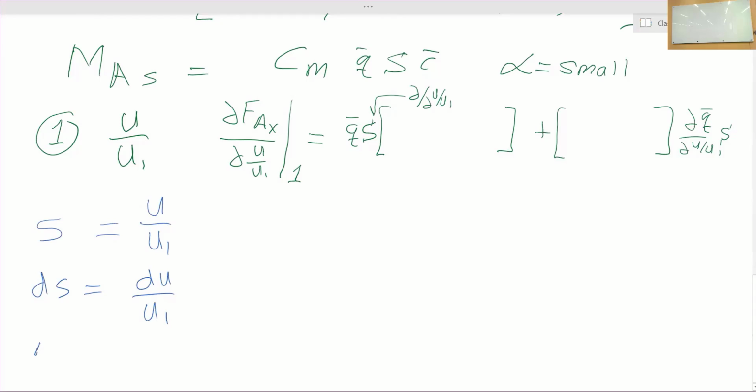Or if you want to, think of it as delta, because the derivative is just the limit of small deltas, right? So what this says is that if we're going to do this derivative, we can take the derivative just with respect to u, and we multiply by u1.